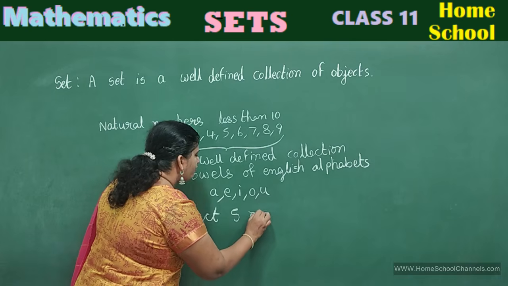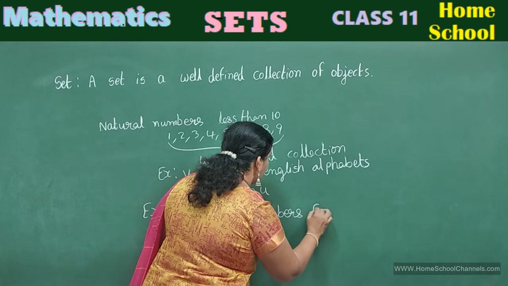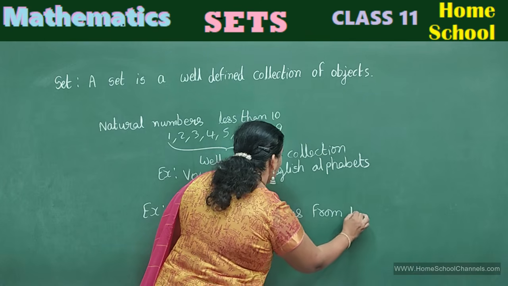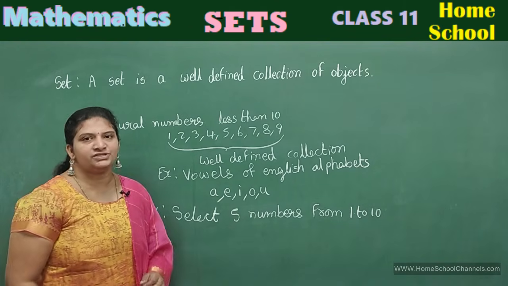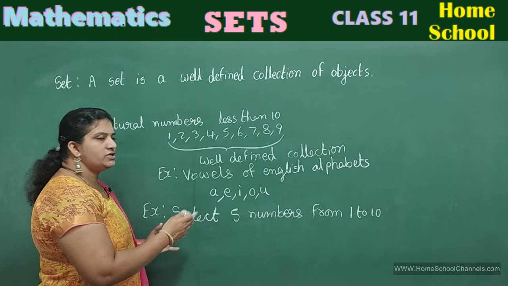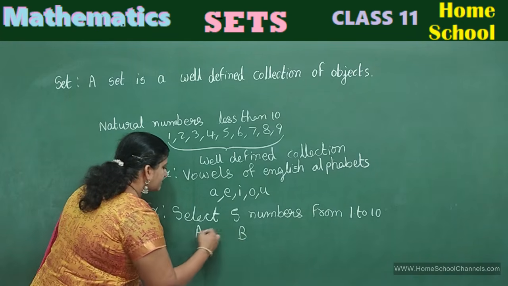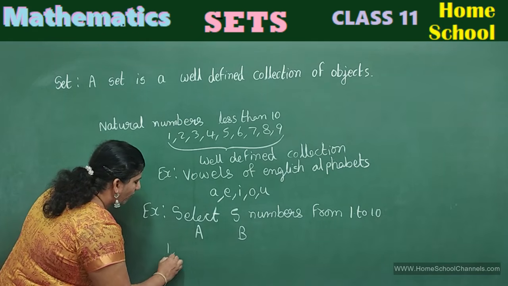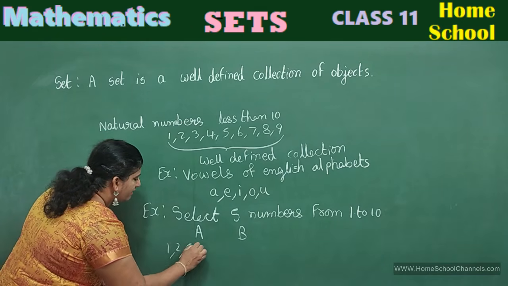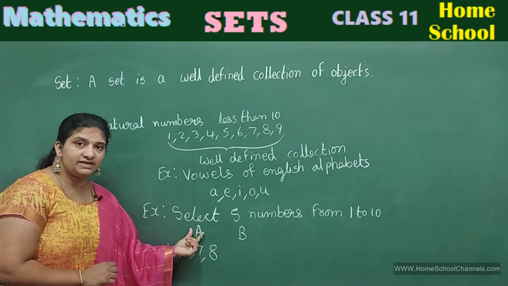Select 5 numbers from 1 to 10. Suppose you take any 2 children. Let A be 1 person and B be 1 person. A will select 1, 2, 5, 7, 8. What does person A select?